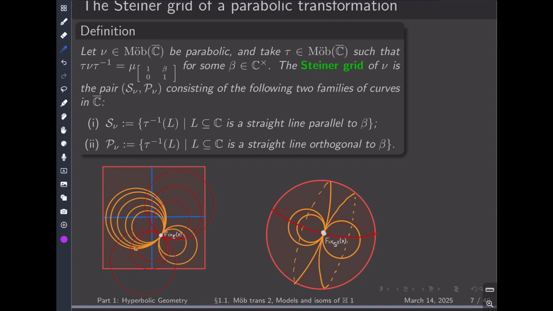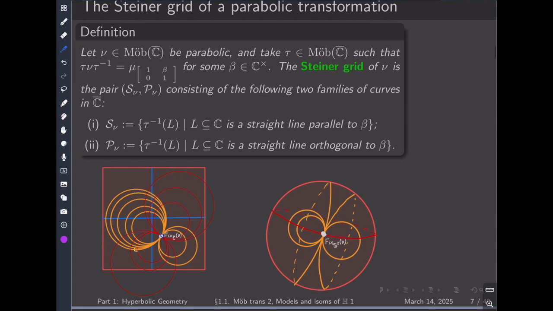They are circles in C bar, so they are mapped to circles in C bar by tau inverse. They all share exactly one point, namely infinity. So tau inverse of them share only one point, namely the fixed point, because again the shared point was infinity.